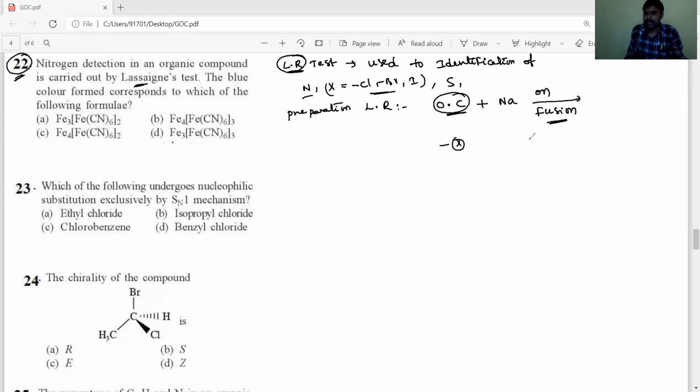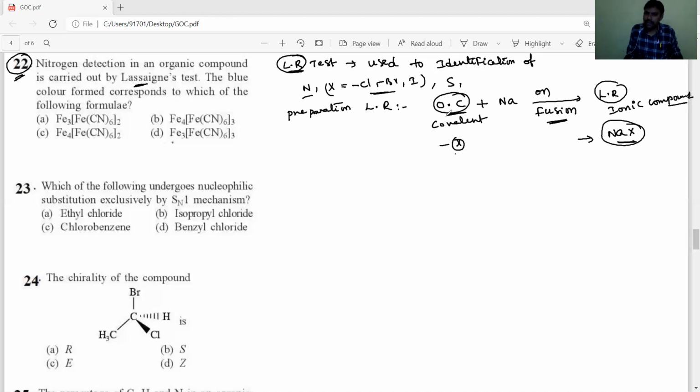The organic compound is a covalent compound, and in Lassaigne's reagent it becomes an ionic compound. You have to remember these points, dear students. If halogen is present, the Lassaigne's reagent is NaX.